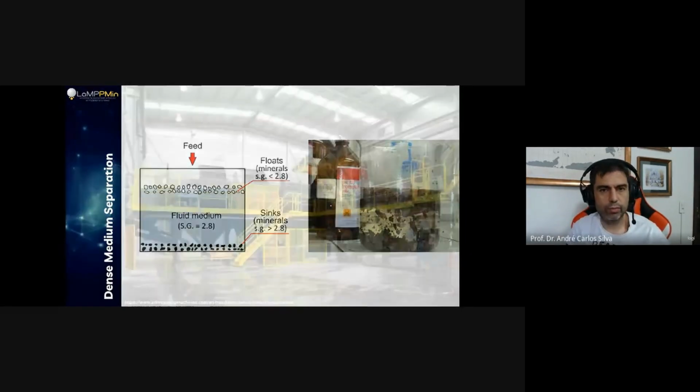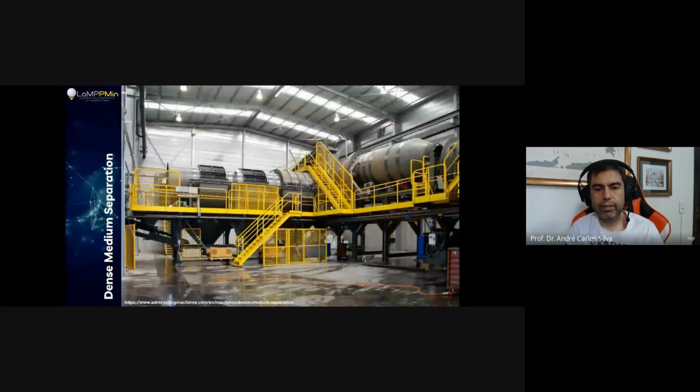It just doesn't work. This is a picture from Albania, and they are working with chromite. I was in one of those facilities. I could attend a conference in Albania, and I could see in the same day, in the morning, a plant exactly like this, using dense medium separation for chromite, and in the afternoon only gravitic separation.